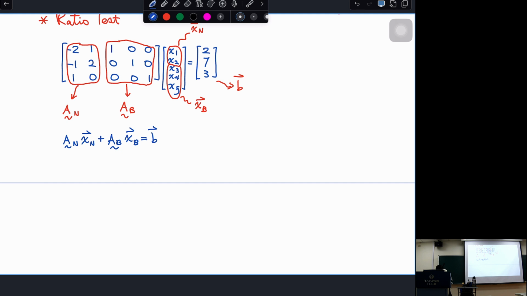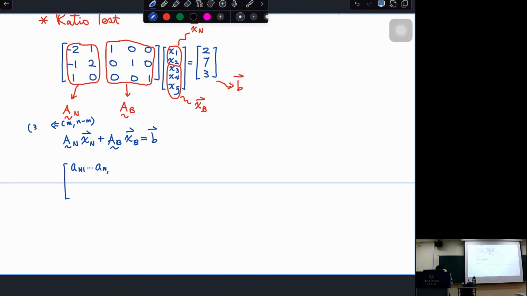So we will expand the AN. So your AN will look like AN1, AN, and the number would be the size of this, which is actually m by n minus m.